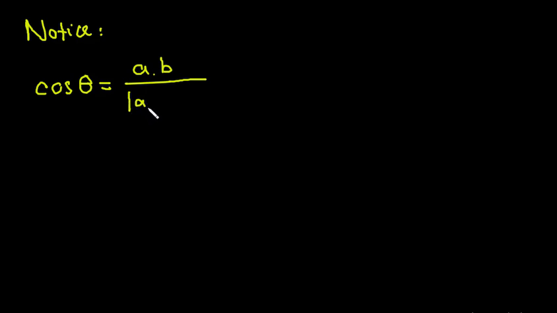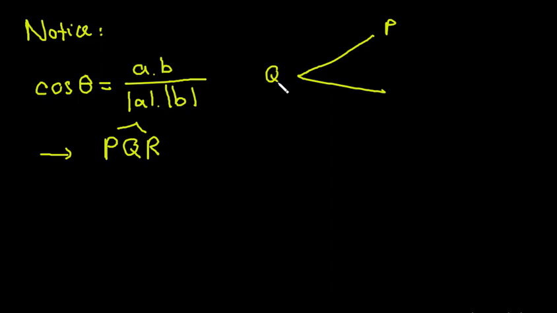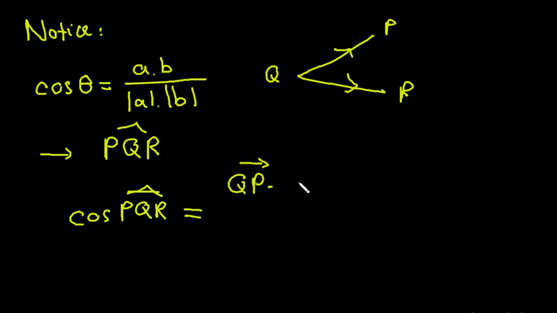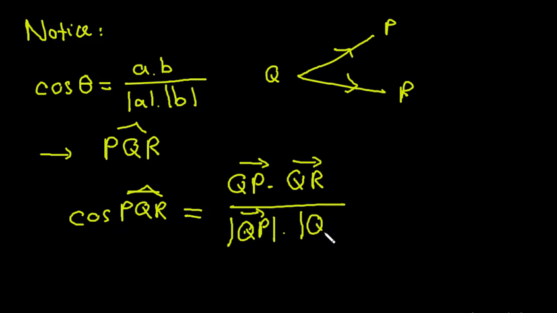Here are some notes for you. We have cos of theta equal to A multiplied by B over modulus of A multiplied by modulus of B. In a question, if they want you to find the angle PQR, with P, Q and R, when you use this formula, you have cos of PQR equal to QP multiplied by QR over modulus of QP multiplied by modulus of QR.